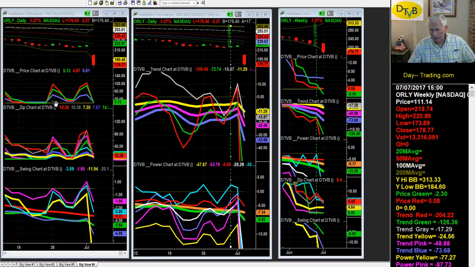Price red on the left peak is at 98.33. And price red is 104. So we're higher on the price. The right peak is higher of the high M on the price chart as well. In this case, both peaks are price red.